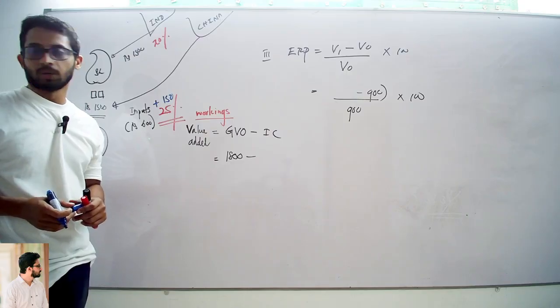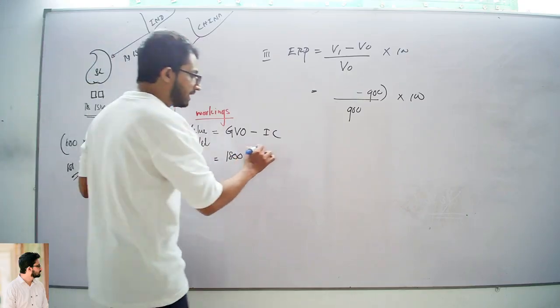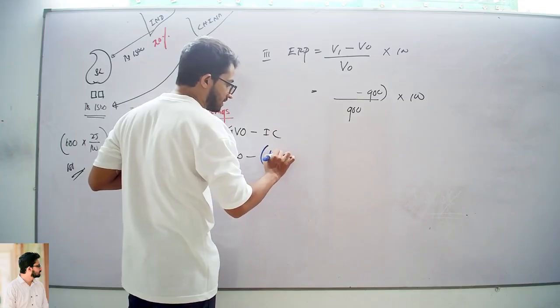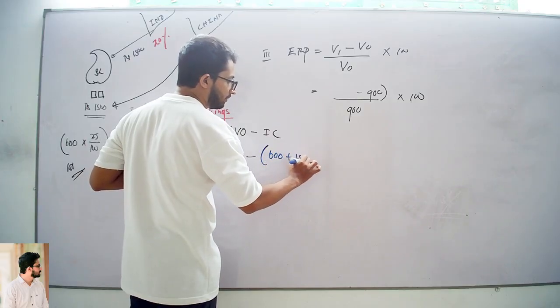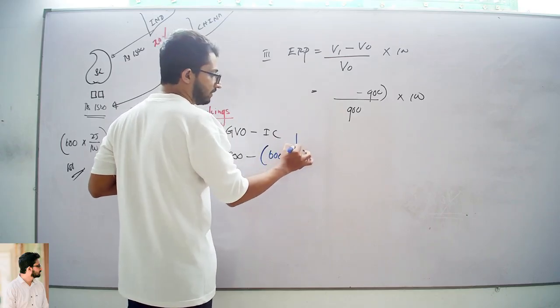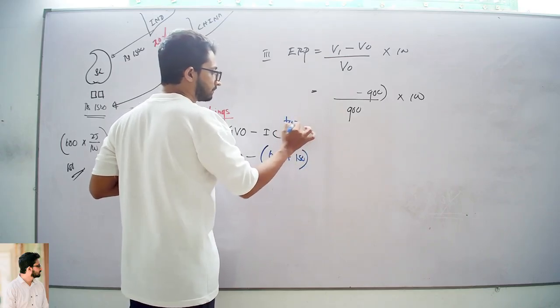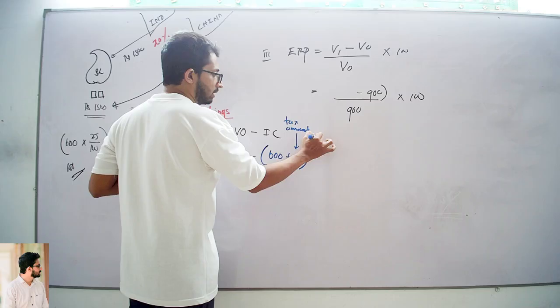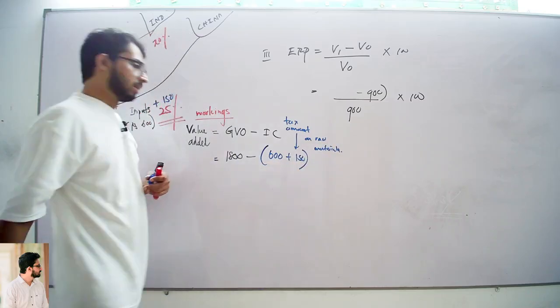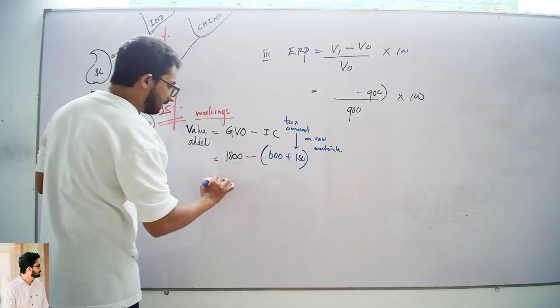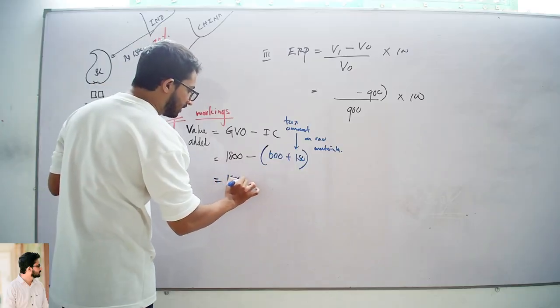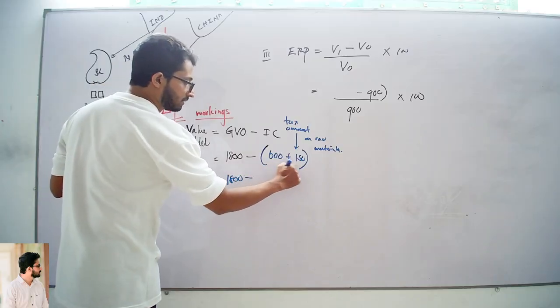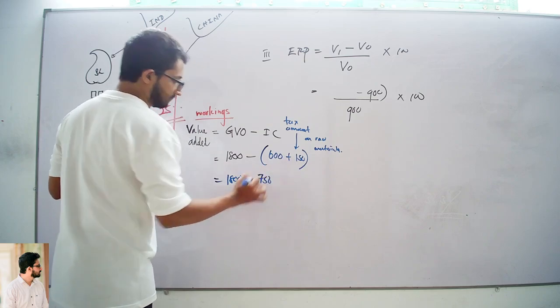Okay, lamai. Now, Buddha, intermediate consumption is not 600. It is 600 plus 150. What is 150? 150 is the tax amount on raw material. Now value addition is 1,800 minus 750.